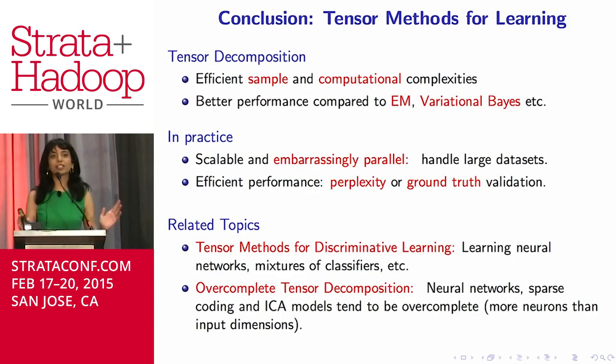So to conclude, these tensor methods, in theory, we can guarantee that they will get you the correct set of parameters of these various underlying probabilistic models, and they're much faster and easily parallelizable compared to traditional variational or likelihood-based techniques. And some of the ongoing work is to even extend this tensor framework from generative setting to discriminative setting.